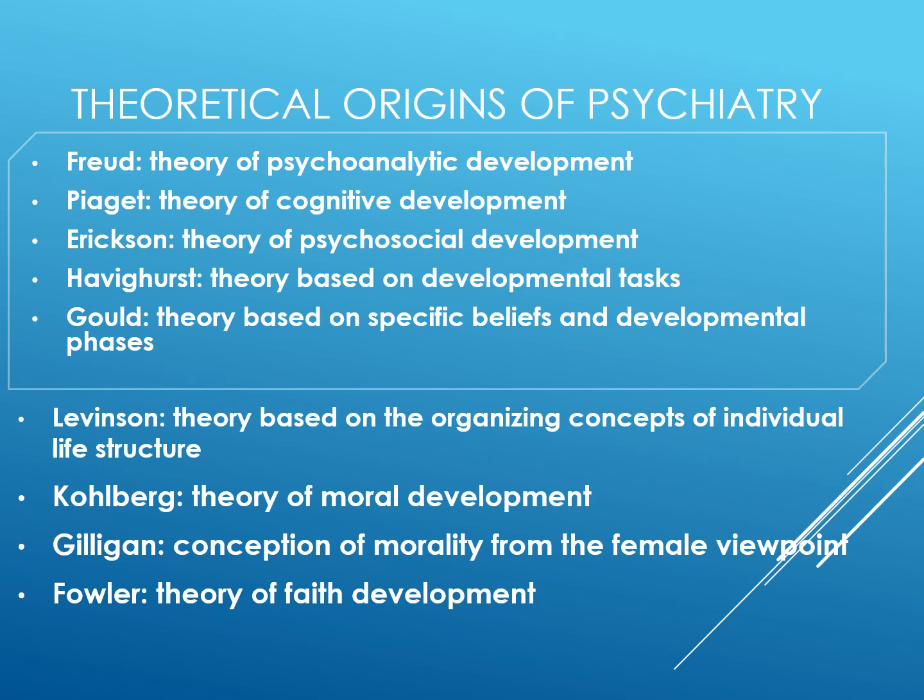Levinson's theory is based on organizing concepts of individual life structure. Kohlberg, theory of moral development. Gilligan, conception of morality from the female's point of view. And Fowler, theory of faith development.